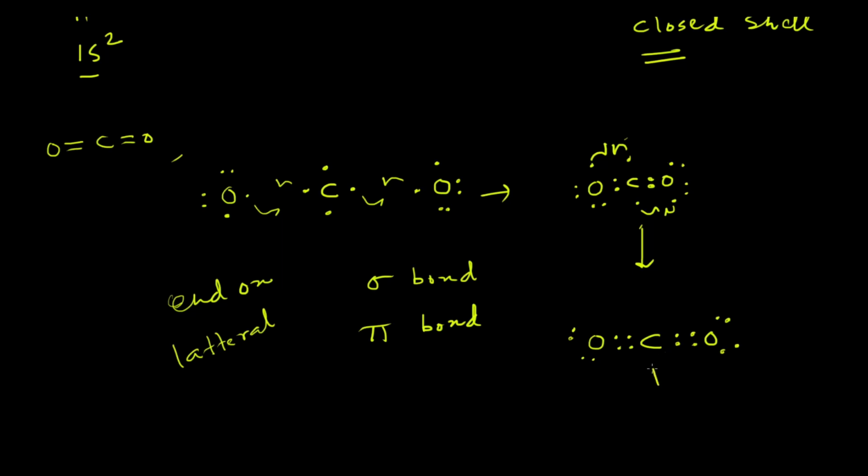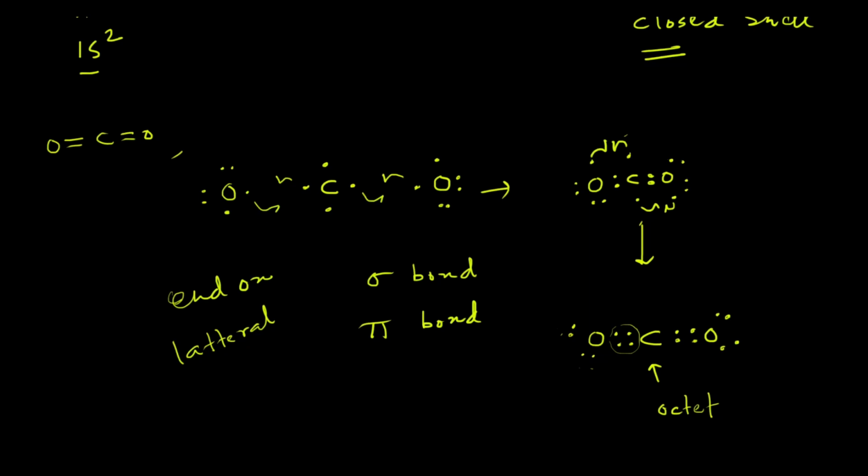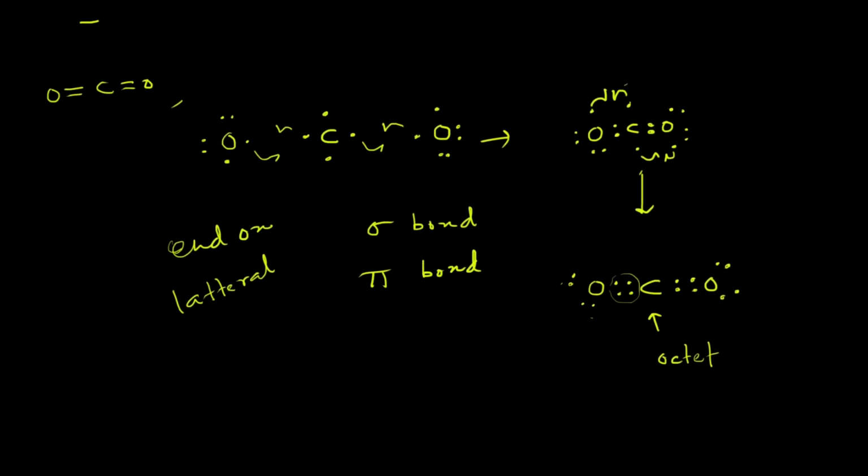Here you can see that carbon is sharing a total of 8 electrons, 4 from here and 4 from here, so it is fulfilling the octet rule. Each oxygen atom is also fulfilling the octet rule, because it has 4 electrons here and 4 electrons here, so a total of 8 electrons on each oxygen atom. So this is the formation of a double bond.